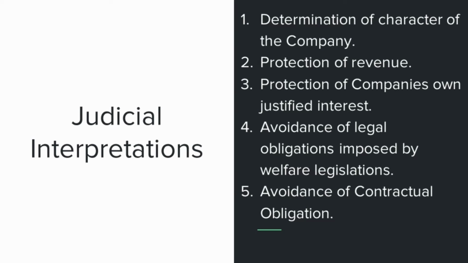It was held that the company had assumed an enemy character and was debarred from maintaining the action. That is, it was not allowed to proceed with the action. The court lifted the corporate veil to determine whether that company is an enemy company or not.